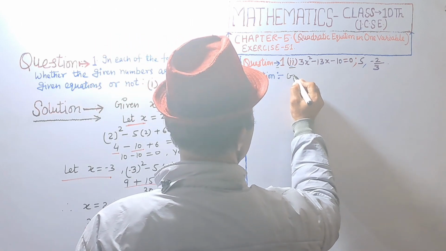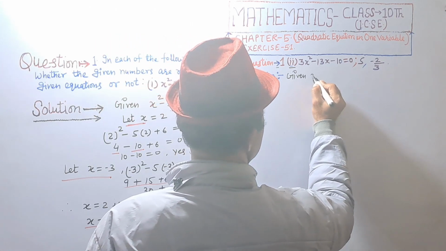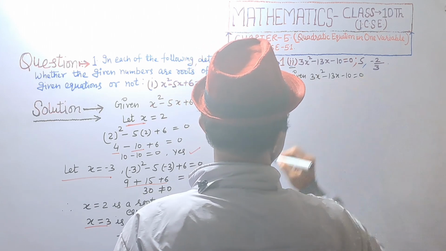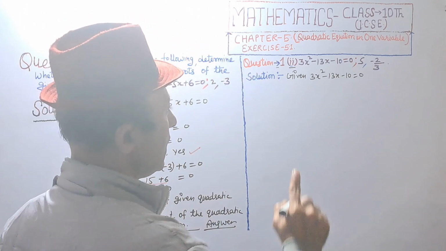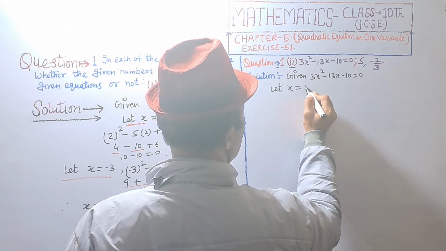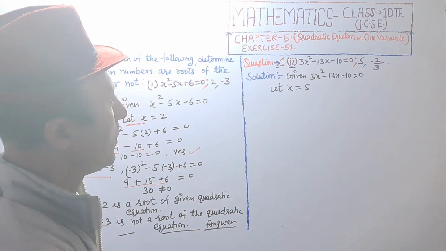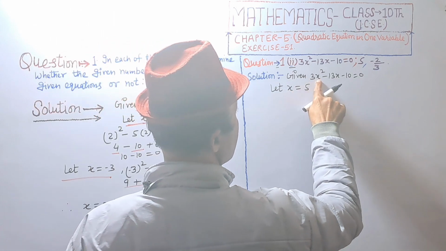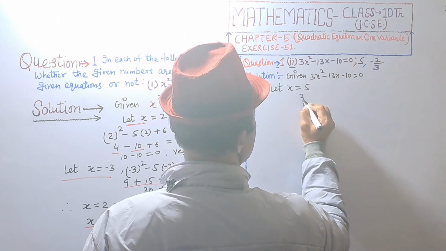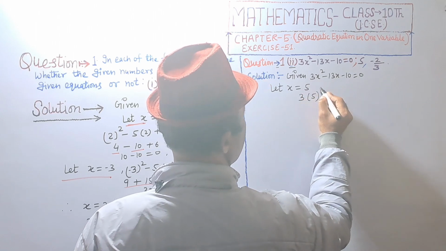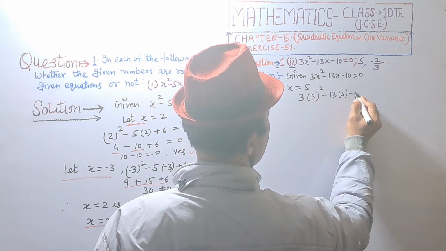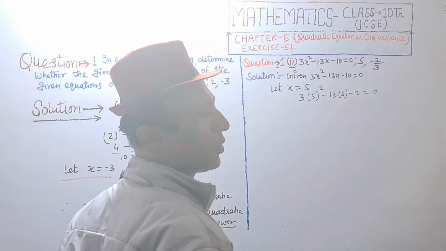Question number 1, second part. Given 3x raised to power 2 minus 13x minus 10 is equal to 0, and let x is equal to 5. We are putting the value of x in this quadratic equation, that is 3 into 5 raised to power 2 minus 13 into 5 minus 10 is equal to 0.